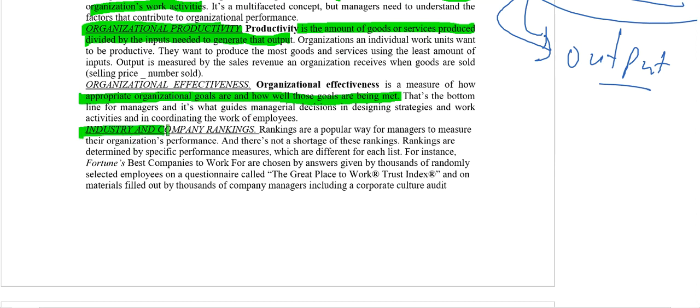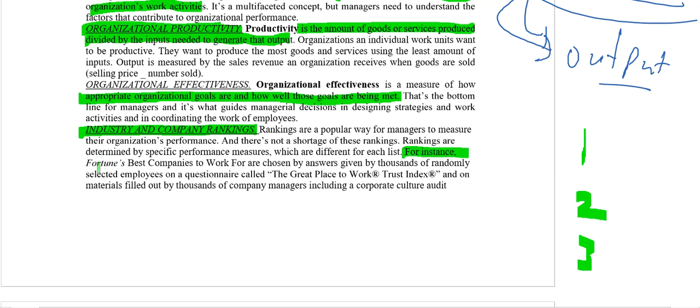Now, industry and company ranking is also very important. In an industry, there may be more than one organization, there may be 5, 6, 7 or 8 organizations, and we have to see where our company stands. If our company is at number 1, number 2, number 3, this will be the ranking.